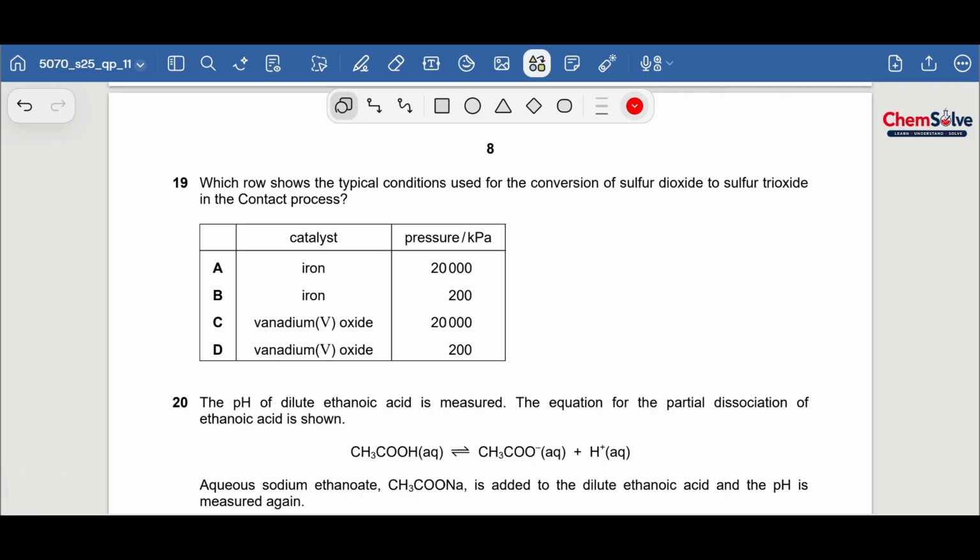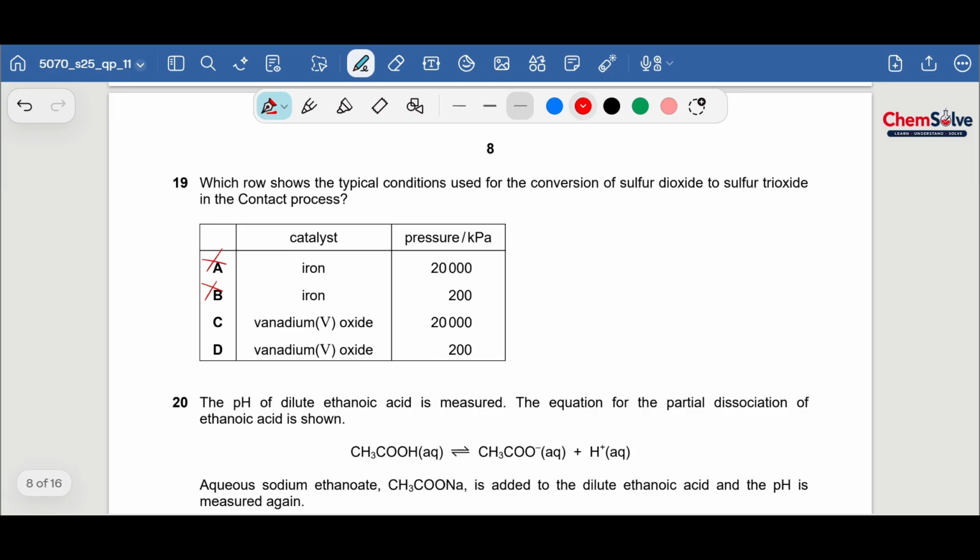Okay, 19. Which row shows the typical conditions used for the conversion of sulfur dioxide to sulfur trioxide in the contact process? Obviously, options A and B are incorrect. Why? Because they are using iron as a catalyst, and iron is the catalyst of the Haber process, not the contact process.